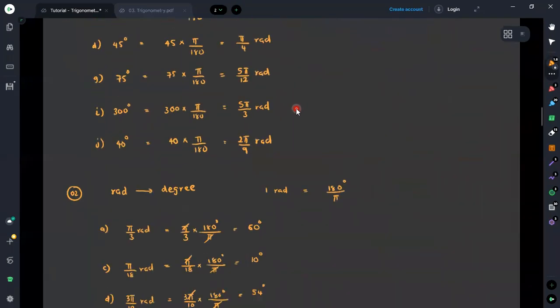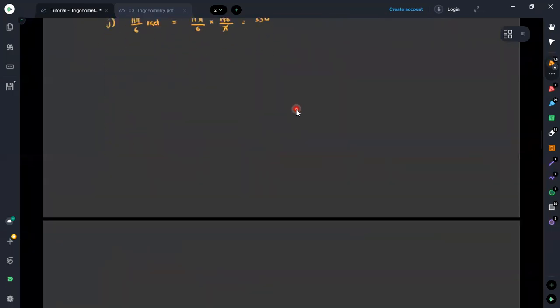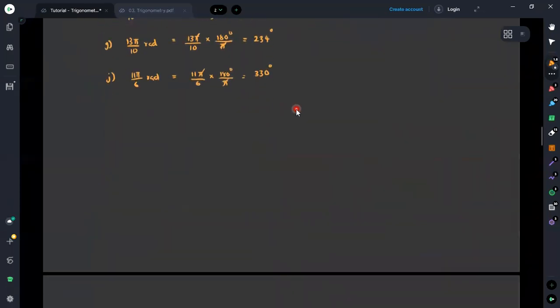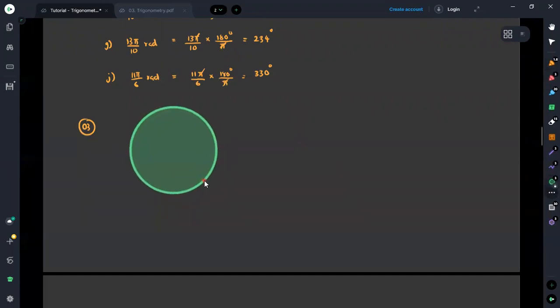As a general picture, if I draw it for the third question, we have the circle, and we mark the length accordingly.